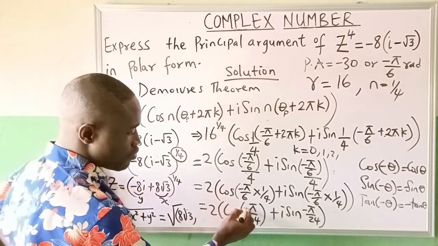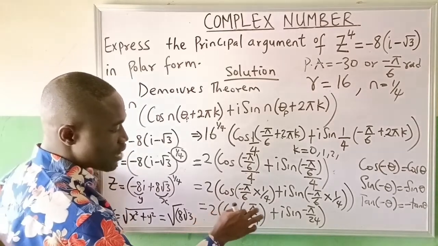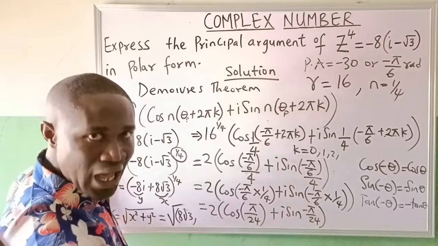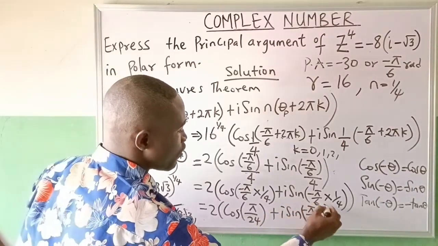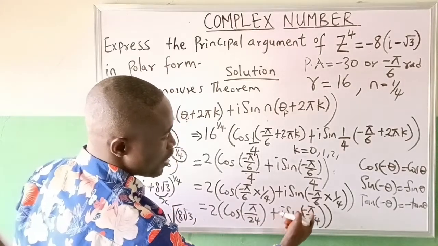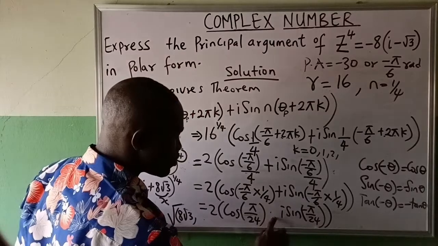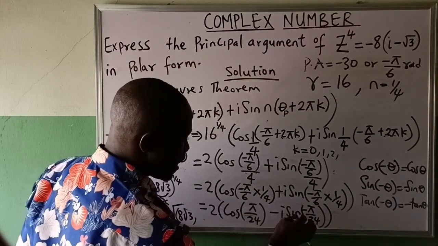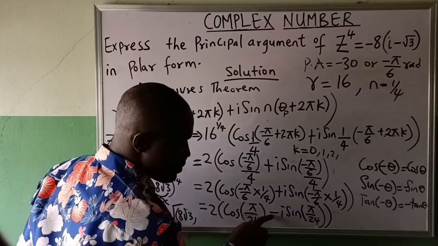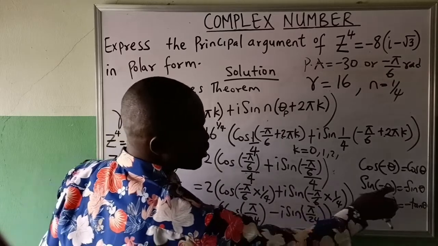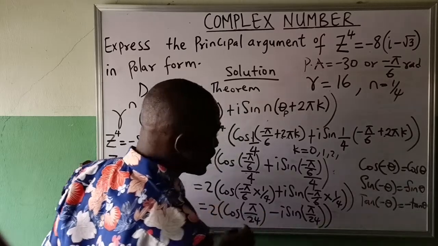You have seen the rule behind removing this minus, because cos of a negative angle is the same as cos of that angle. Then sine minus pi over 24 simply means change here to what? Minus, and leave here to be what? Plus. Change here to minus and leave here to plus, because sine minus theta is minus sine theta.